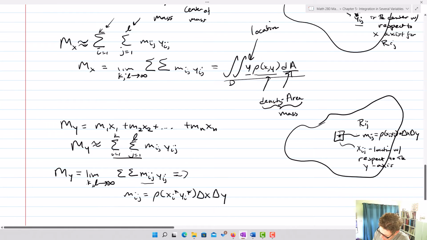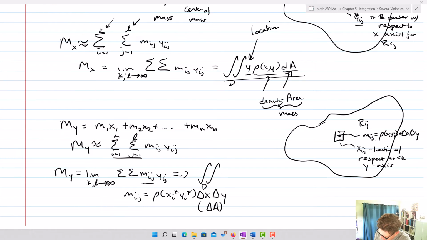You'll also see this written as delta A. So what we end up getting is the double integral over D of x times rho of xy dA. Okay? So again, it's now just location, density, area.